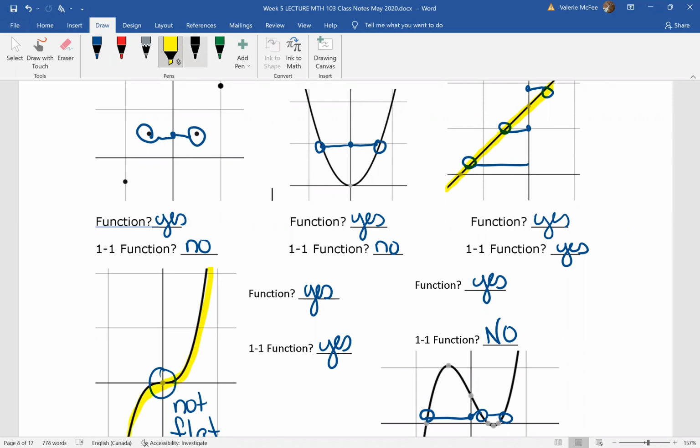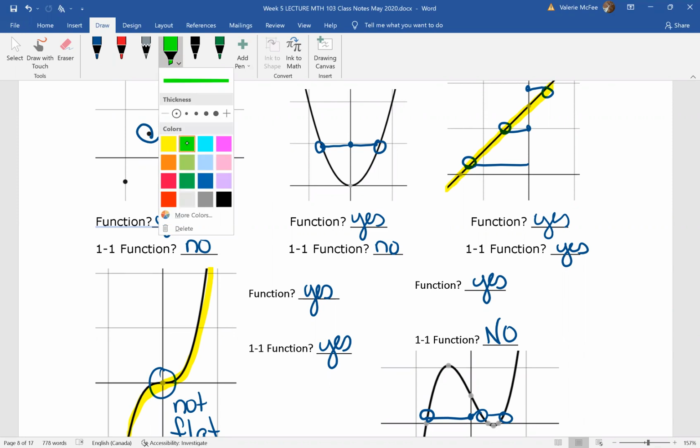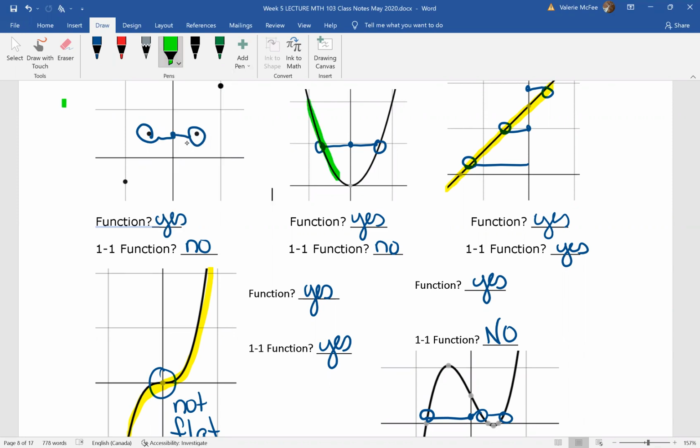It doesn't change direction. But when I look at this graph of the parabola, it's decreasing and then increasing. So my horizontal line intersects it more than once. The polynomial function here is increasing, decreasing, increasing. Every time it changes direction, my horizontal line intersects it more than once. So a one-to-one function graph is always increasing or always decreasing.